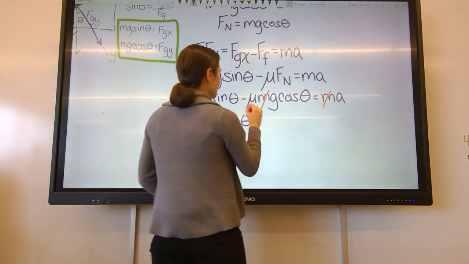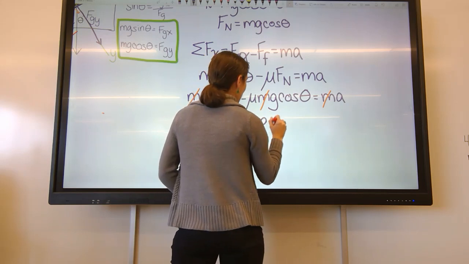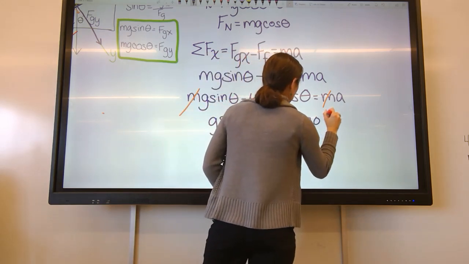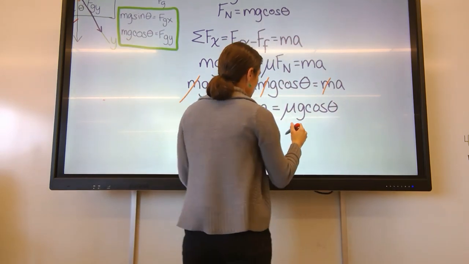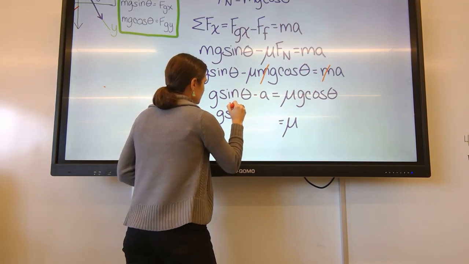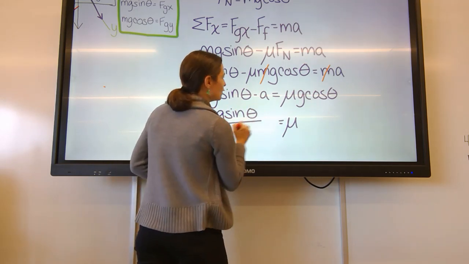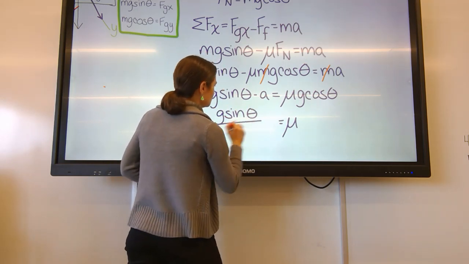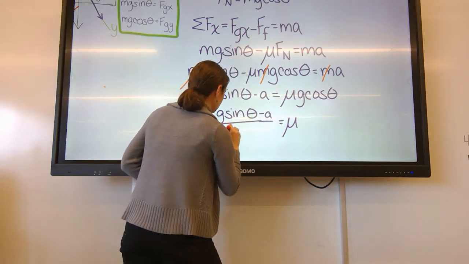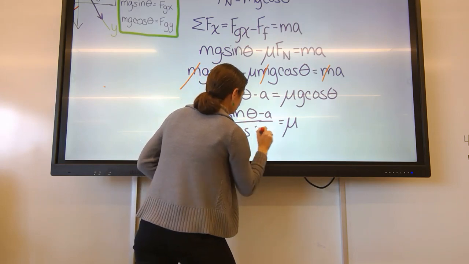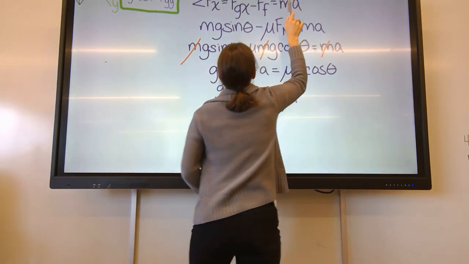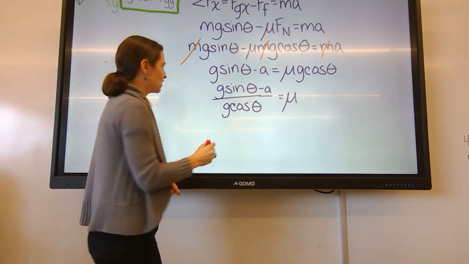So g sine theta minus a, and then I'm going to add this to the other side, is mu g cosine theta. And so if I just want mu, it's going to be equal to g sine theta minus a over g cosine theta. And then very last step, I'm going to just plug values in for all of these things.